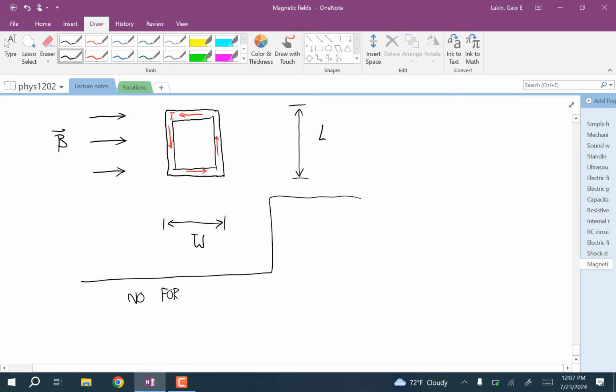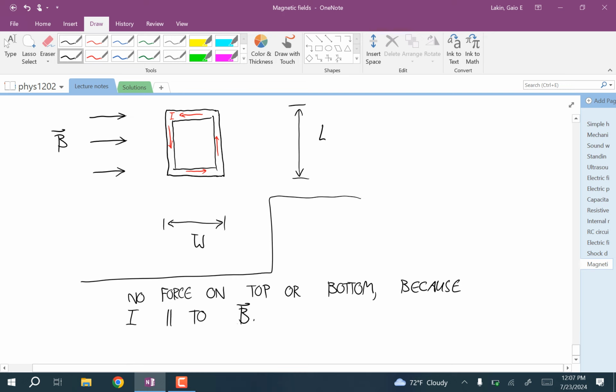So there's no force on the top or the bottom because those are parallel to the magnetic field. Parallel to the magnetic field vector.